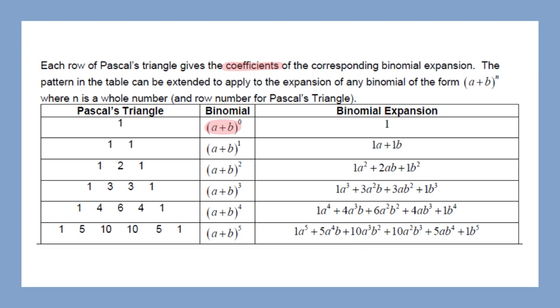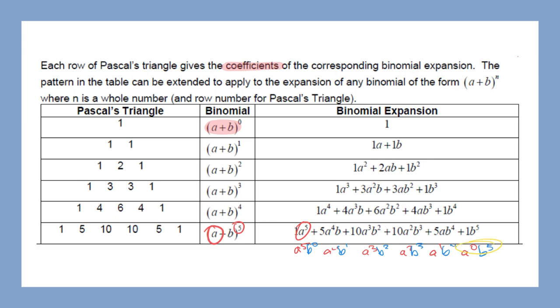So let's look at the bottom row. You have a to the 5th, that's here, okay? And so our a goes a to the 5, a to the 4, a to the 3, a to the 2, a to the 1, a to the 0, okay? And we have b to the 0, b to the 1, b to the 2, b to the 3, b to the 4, b to the 5.